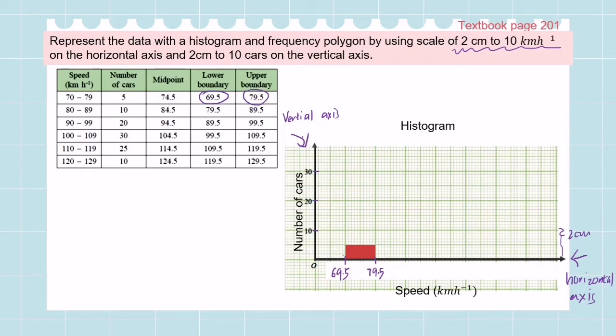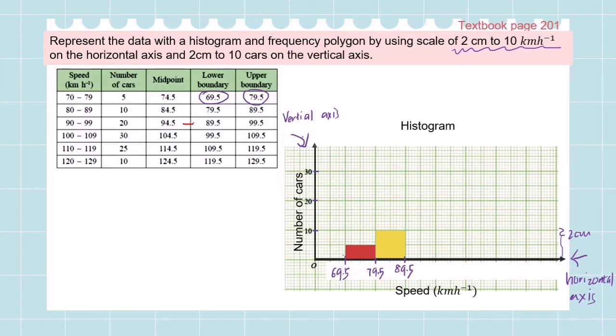Okay? So the second bar, the lower boundary is 79.5. We plotted it already. Then 89.5. This is the second bar.